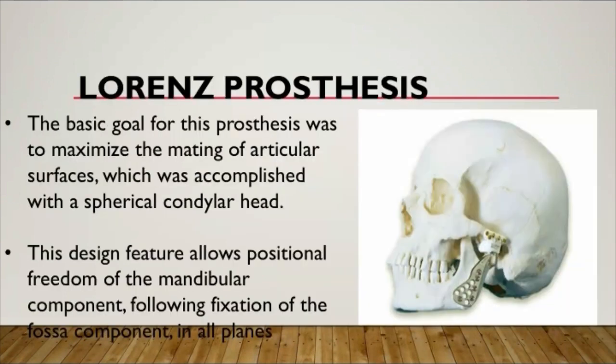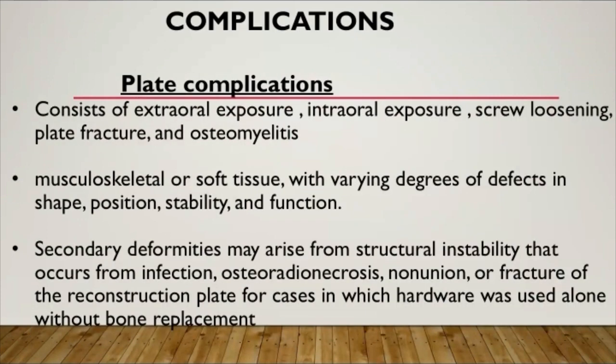The goal of these processes was to maximize the mating of the articular surfaces, which was accomplished with the spherical condyle head. This design feature allows positioning freedom of the mandibular component following fixation of the fossa component in all planes. So the complications: the plates have extraoral exposure and intraoral exposure.